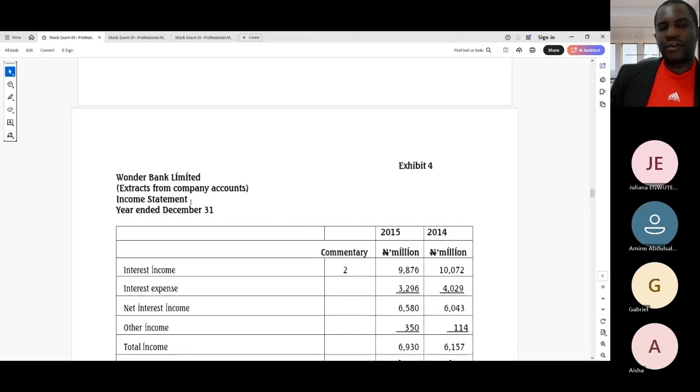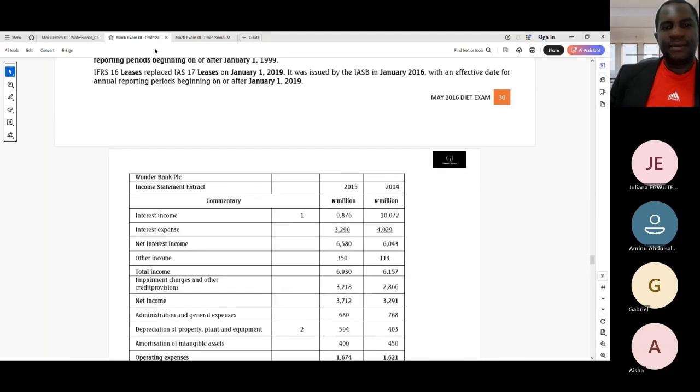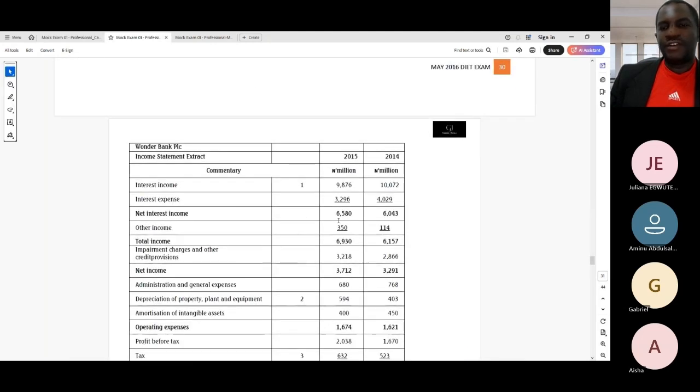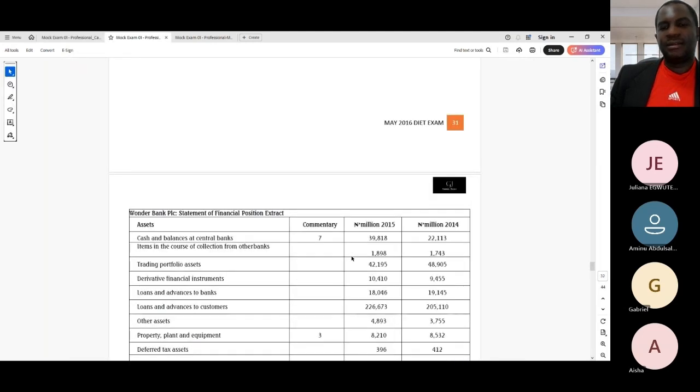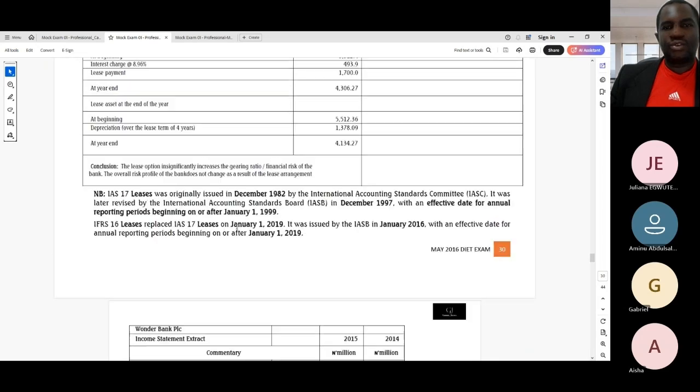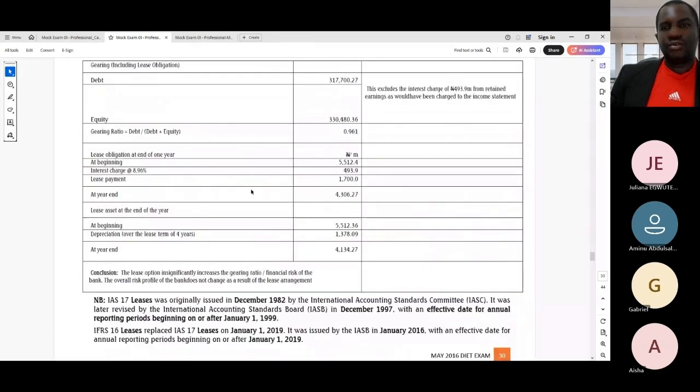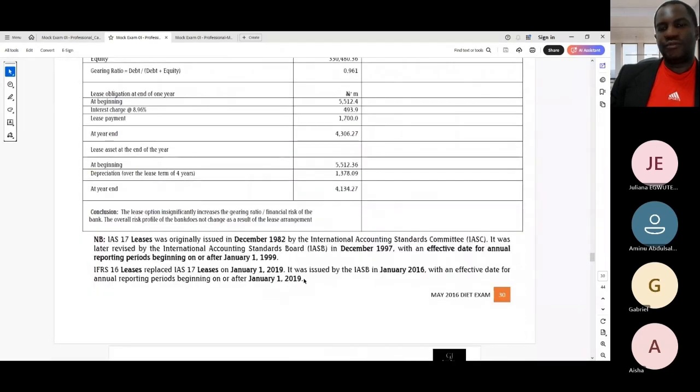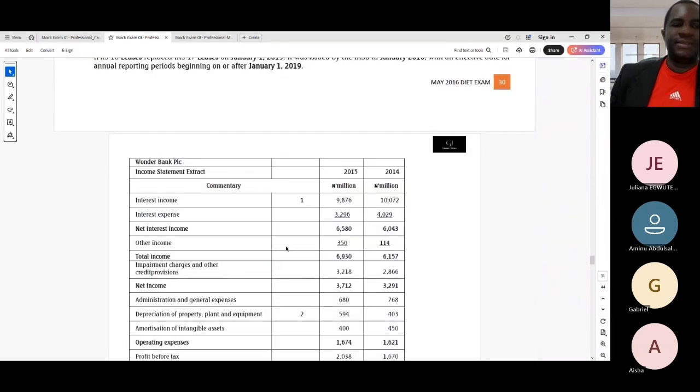It is the same financial statement here. None of the figures were impacted because the gearing was over 96%. So there was no change in the financial statement. If you look at this financial statement brought here, it's the same thing with the exhibit financial statement.